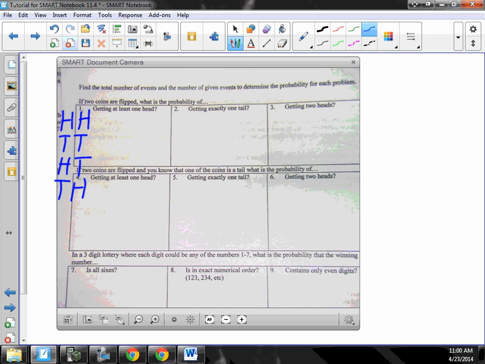But remember, either you're flipping 2 different coins, in which case we could call them coin A and coin B. So if I'm flipping a coin A and a coin B, would that be a combination or a permutation? It would have to be a permutation, because it's 2 different coins, and a head on A is different than a head on B. Okay? The other way to look at it is you flip the same coin twice.